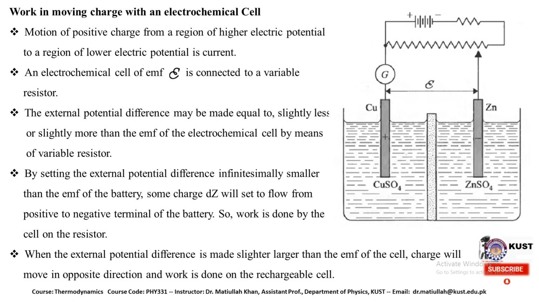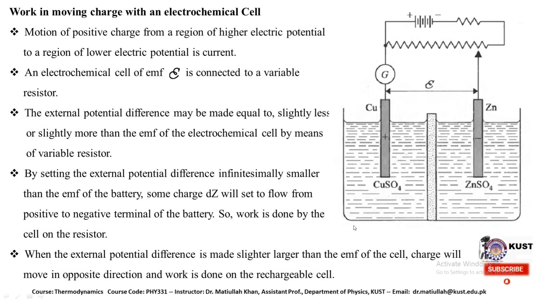The work is done on the rechargeable cell, and as a result the battery will not lose charge; otherwise it will gain charge, because the external potential difference is higher. This is actually the charging process of the battery. So this is the work done in both cases. In the first case the work is done by the cell, and in the second case the work is done on the cell by the external potential difference.